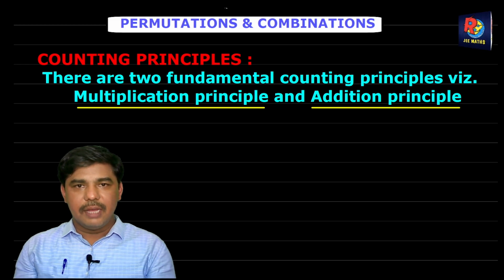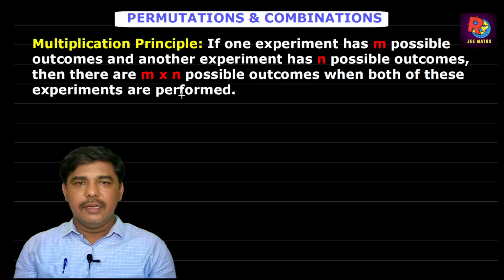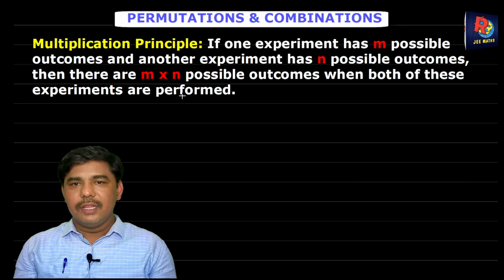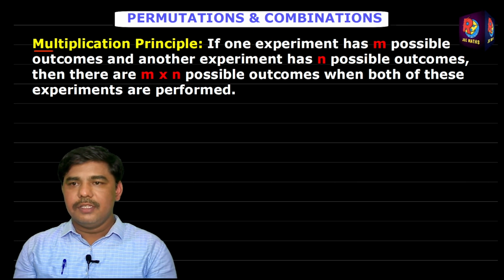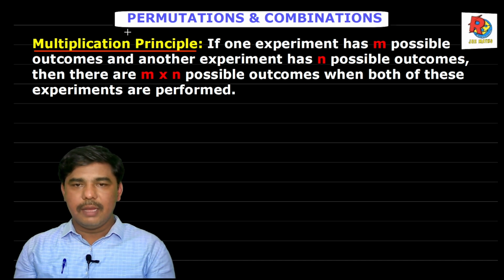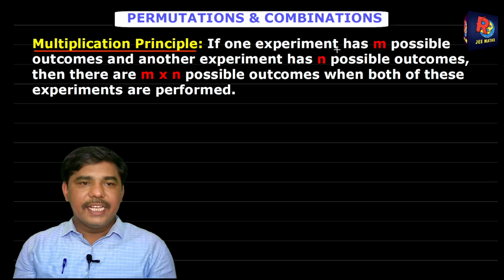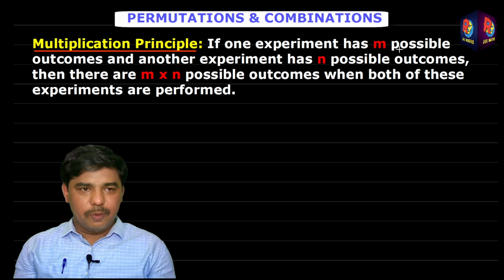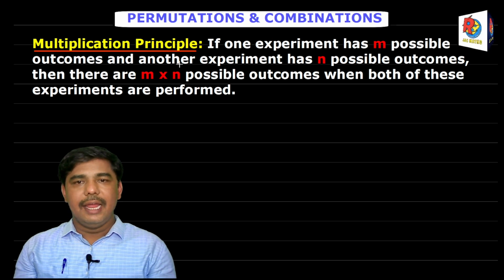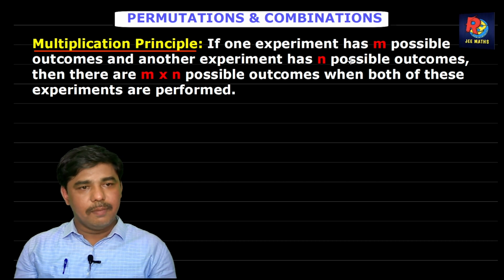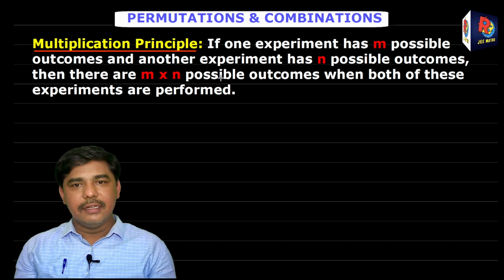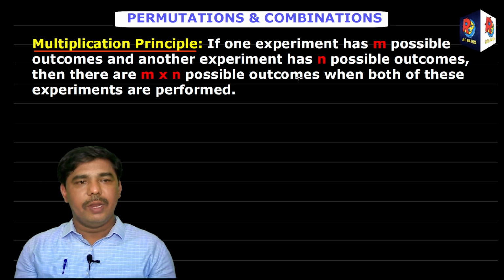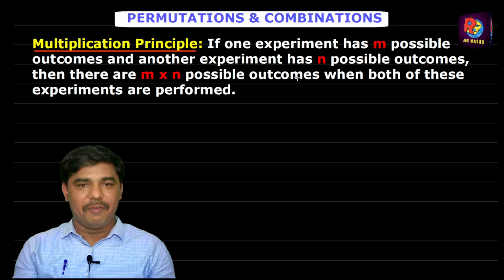First we need to discuss the multiplication principle. If one experiment has m possible outcomes and another experiment has n possible outcomes, then there are m times n possible outcomes when both of these experiments are performed.